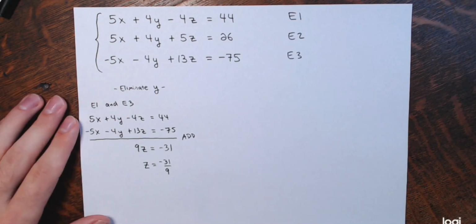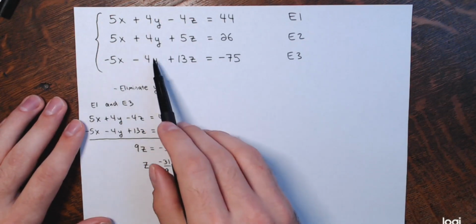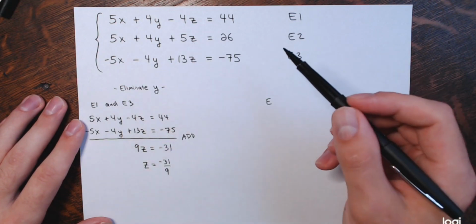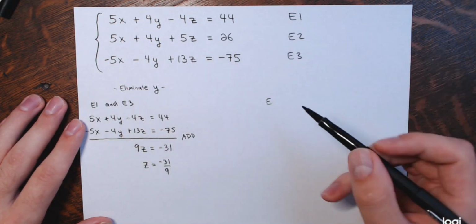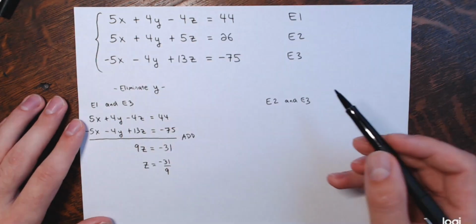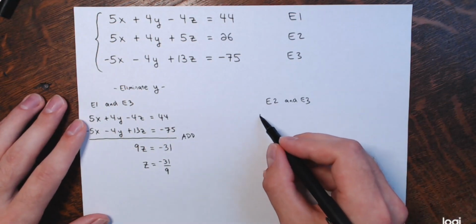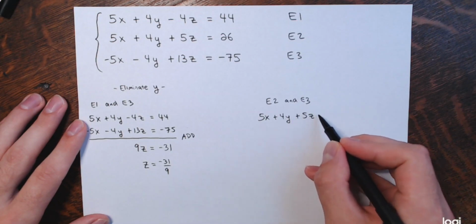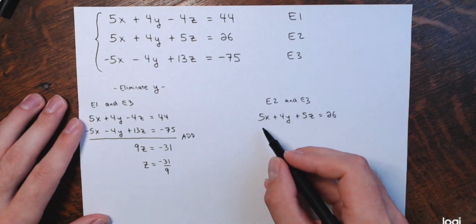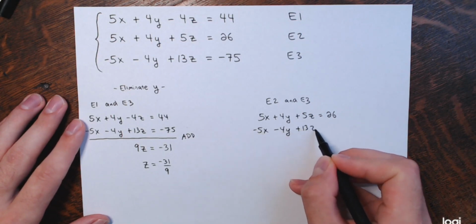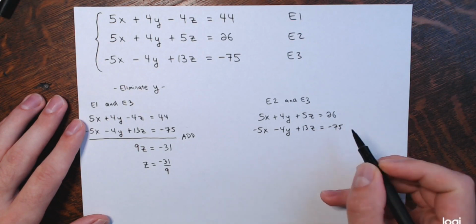Okay, so let's do it again. There I eliminated y from equations 1 and 3. Now let's do the same thing, eliminating y from equations 2 and 3 this time, because again that'll be pretty easy since those coefficients are already opposites for the y's. Equation 2 is 5x plus 4y plus 5z equals 26. And equation 3 is negative 5x minus 4y plus 13z equals negative 75.